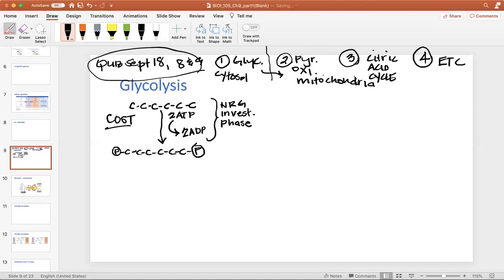Hopefully you can see that we have taken a phosphate off of each of these ATP and we've stuck it on the end of these molecules here. Now what that does is it destabilizes this molecule so that these will split into 2 individual molecules that look like this.